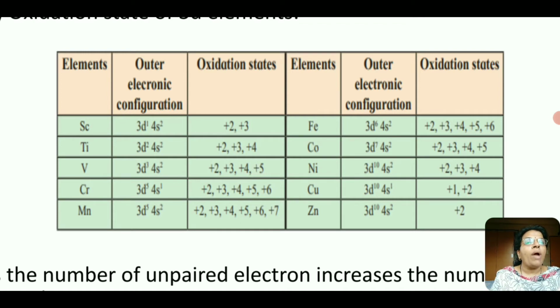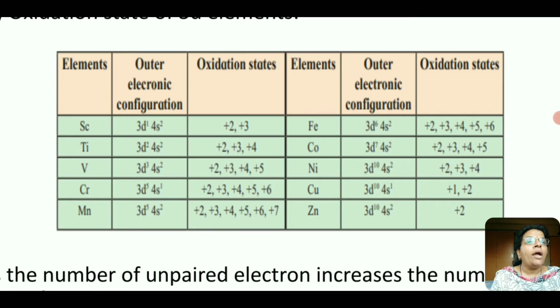Now in case of iron, the atomic number is 26 and the valence electronic configuration is 3d6 4s2. Now in 3d6, pairing occurs. That is, in the 3d orbit of iron, 2 electrons are paired and 4 electrons are unpaired.